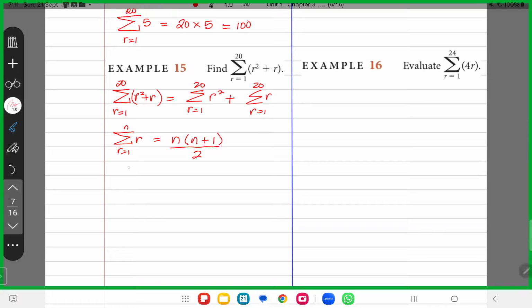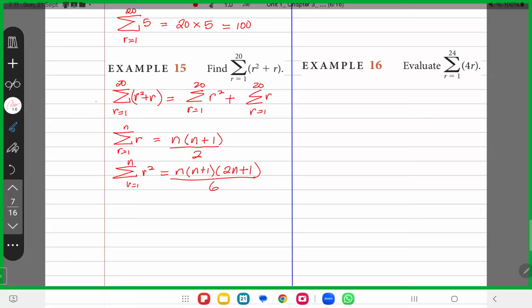Now, the next one is this. The sum from R equals 1 to N of R squared, which is the sum of the squares of the first N counting numbers, is equal to N into N plus 1 multiplied by 2N plus 1 all over 6.